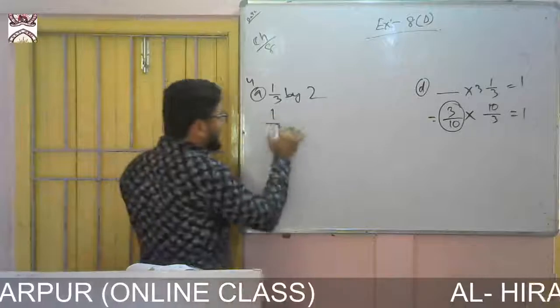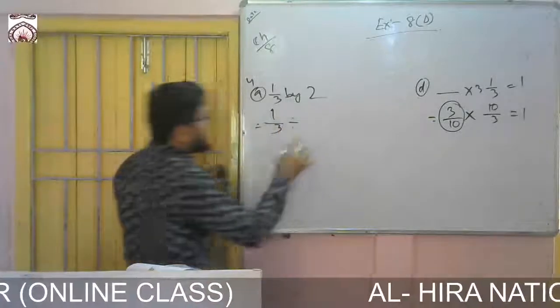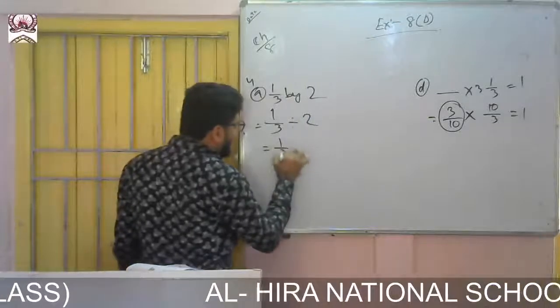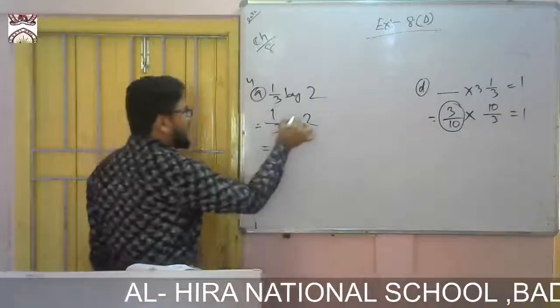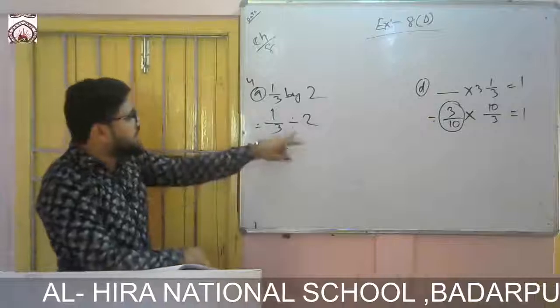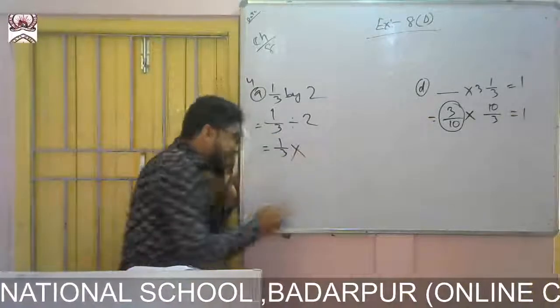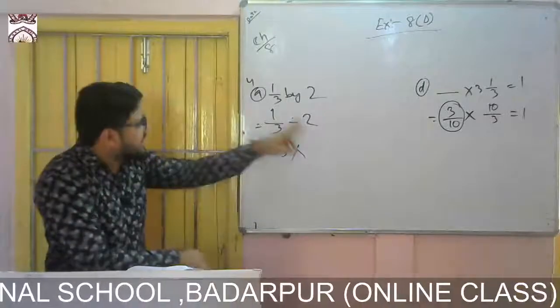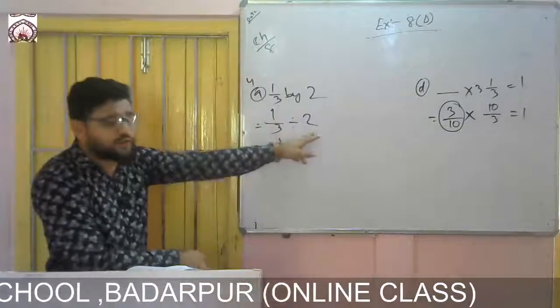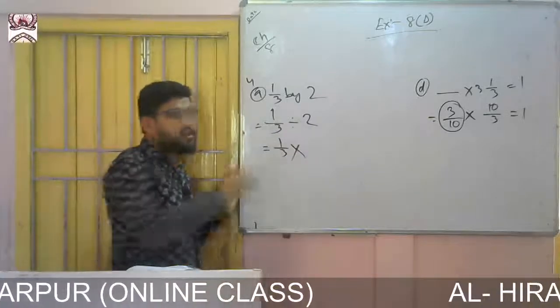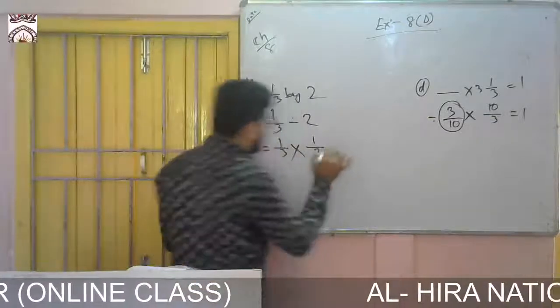So write 1 by 3, divide, then write 2. In case of division, we replace the division symbol by multiplication, and we take the reciprocal of 2. The reciprocal of 2 is 1 by 2, as I said earlier.